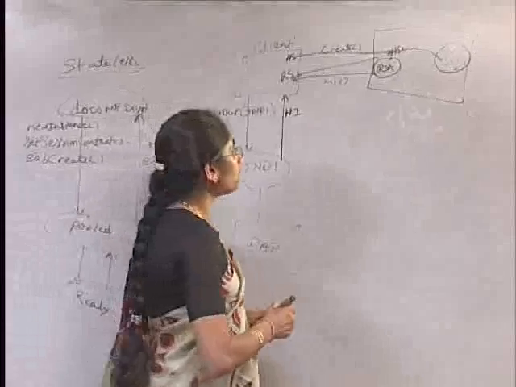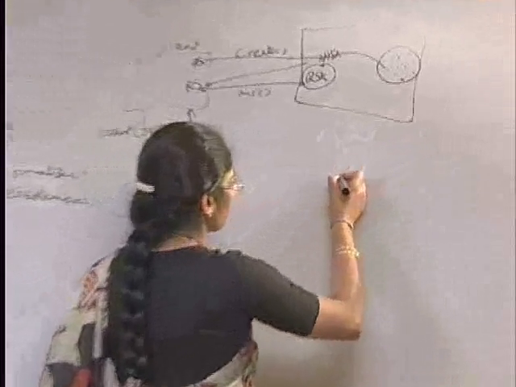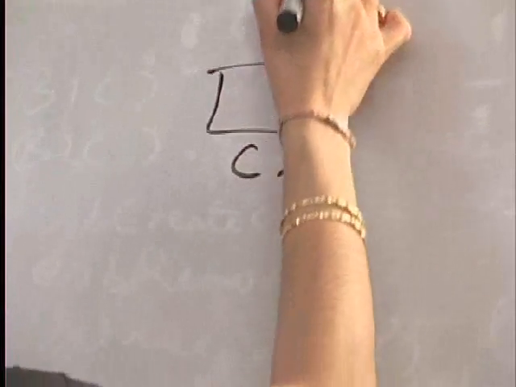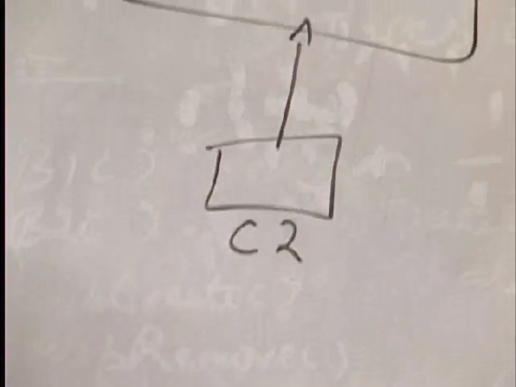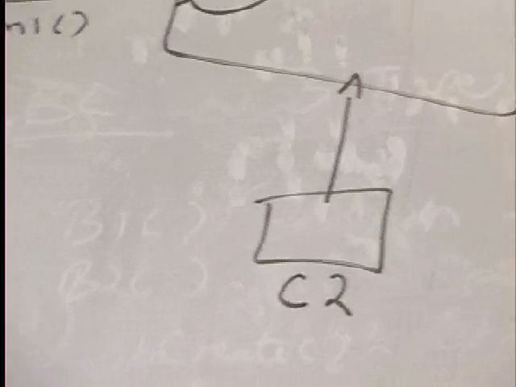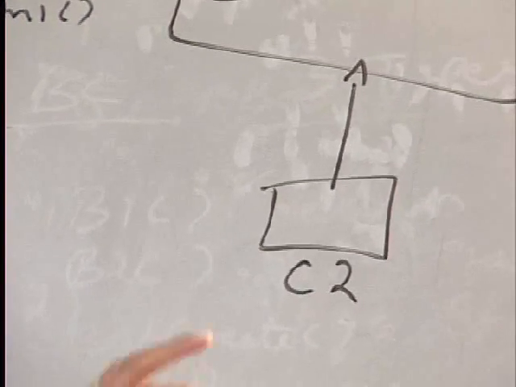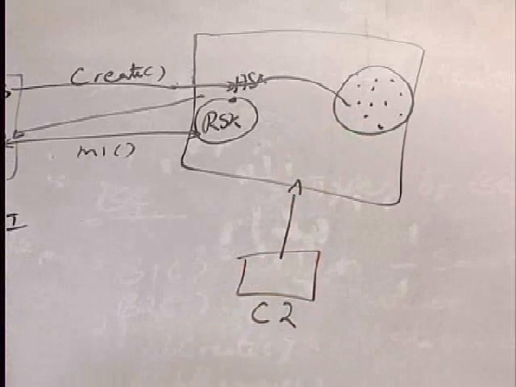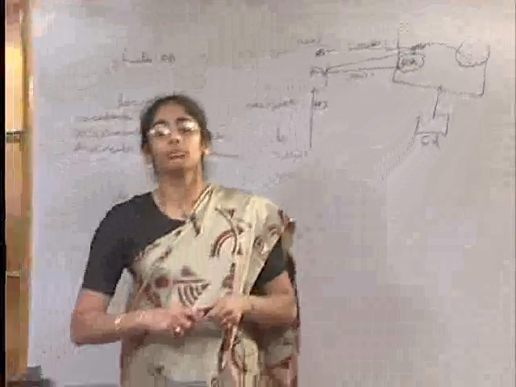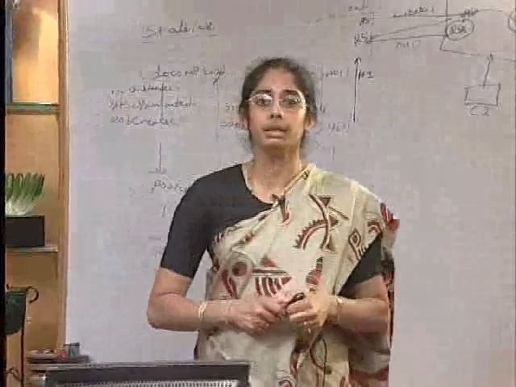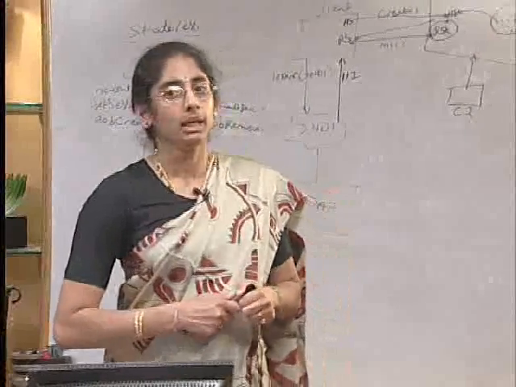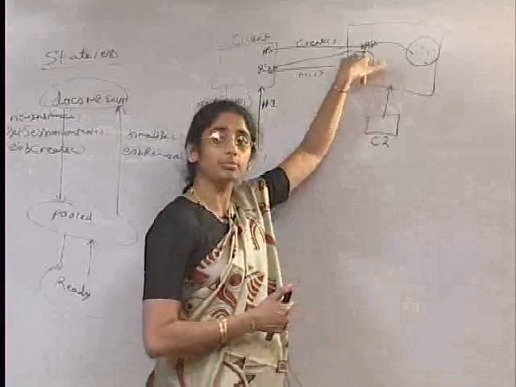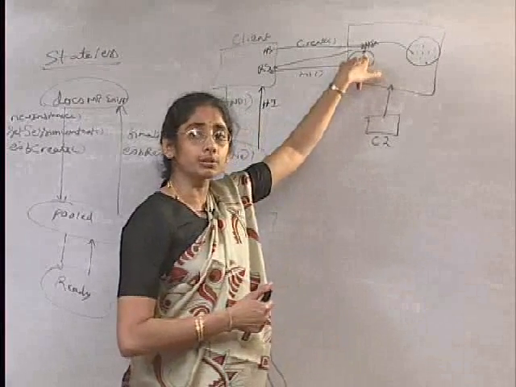Now let's assume another client comes in. Let's say client 2, who also wants to access the same remote object. What happens in this case is, again it would pick up an instance from the instance pool and allocate it. But before it can allocate another instance, it will check whether the instance that has been allocated for this particular client is being used.